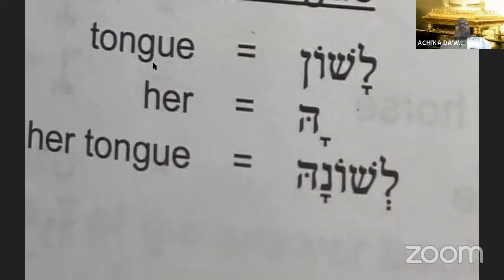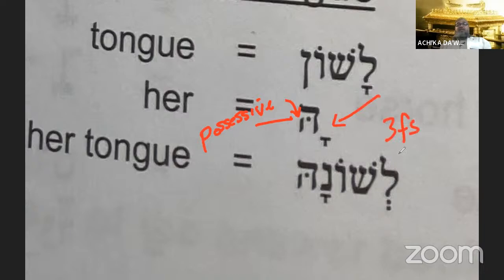You see, all they did is put that hey underneath it, and they put that dot in it to let you know it's possessive. It's her tongue. Can a tongue be a female tongue? A tongue is a tongue. But you have to put who owns the tongue. Whose tongue is it? It's her tongue. We're talking about somebody who's a third person, female, singular, her tongue.